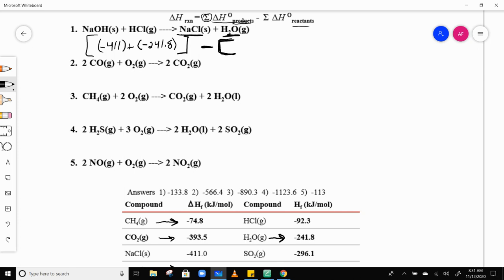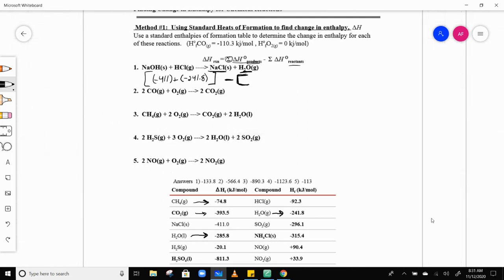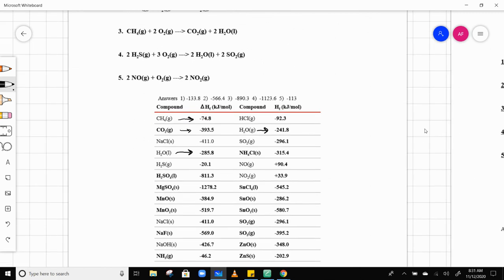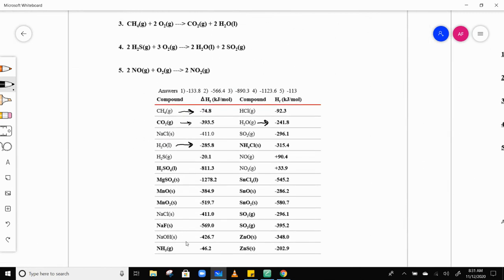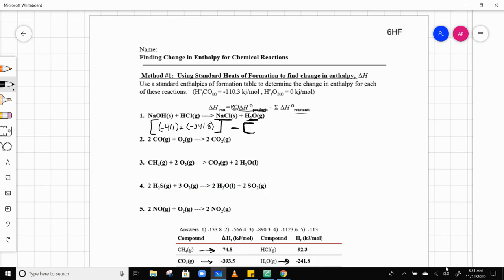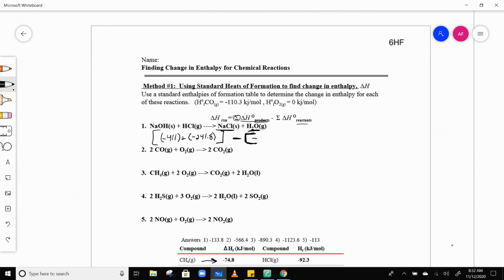The reactants are NaOH solid, which is negative 426.7, and HCl gas, which is negative 92.3.